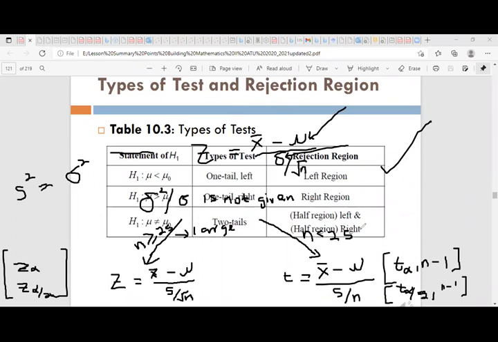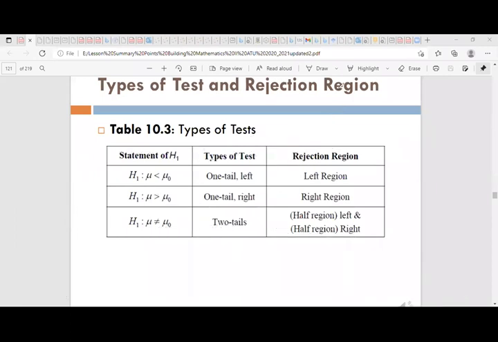If your sample size is less than 25, use the t statistic. The formulas are the same. The only difference is how you are going to reach the critical values from the statistical tables. For this one, you read from the standard normal table. This one you read from the student T distribution. So basically, that is it for all the things that I said.